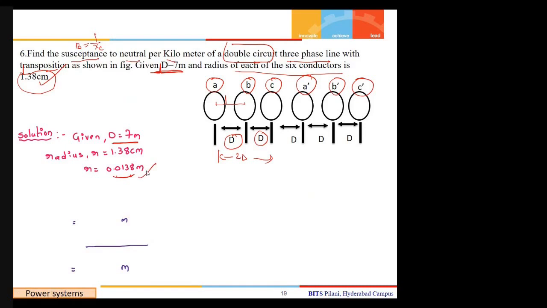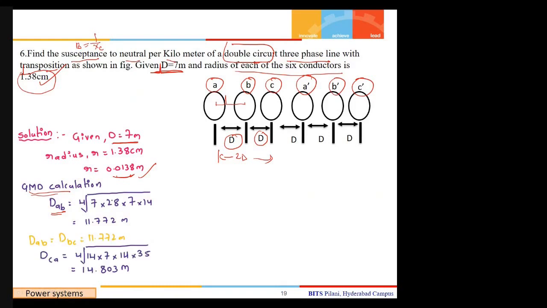Then you have to obtain the GMD calculation first. GMD calculation means the distance between the phases A, B, B, C, C, A. So what is the value of the individual distances? The distance DAB. How many options are there that you have to calculate?